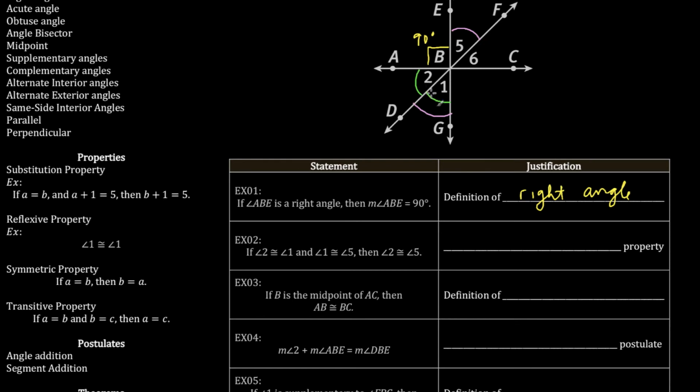So angle 2 to 1, and 1 goes with 5. That means that angle 2 is the same as angle 5.